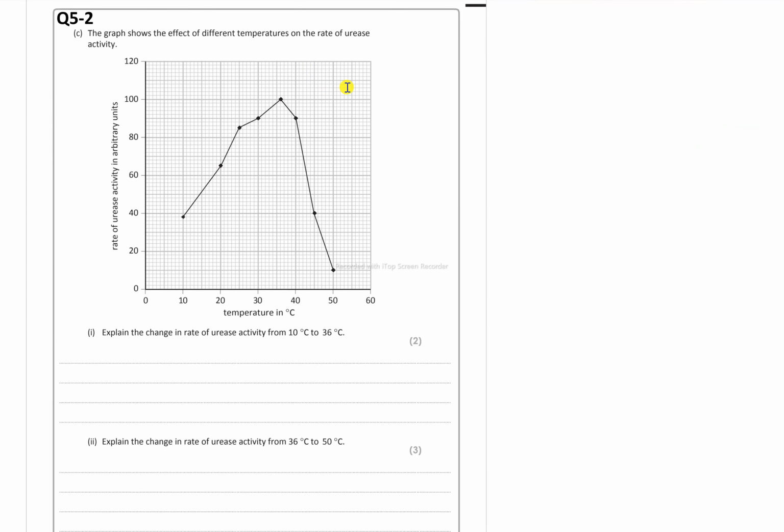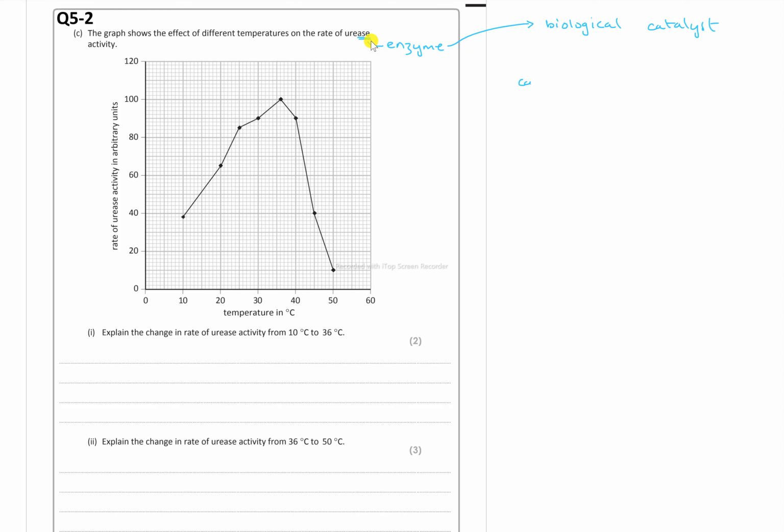Right, 5.2. The graph shows the effect of different temperatures on the rate of urease. The A's normally tells you it's a type of enzyme. What did we say an enzyme was? An enzyme is a biological catalyst.